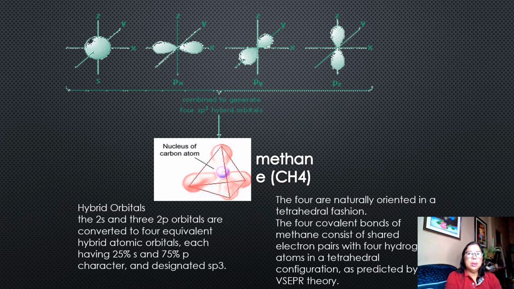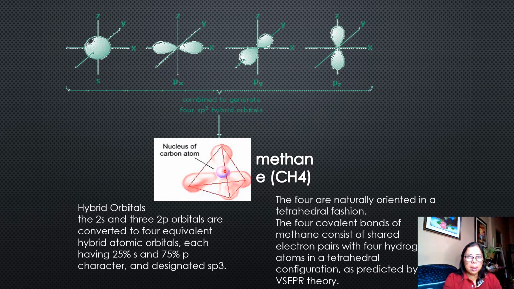Now let us try to look at methane. Of course, you have learned that this is already your carbon, right? But methane has four H's, and H has only one. So more or less, this is how the hydrogen looks like.